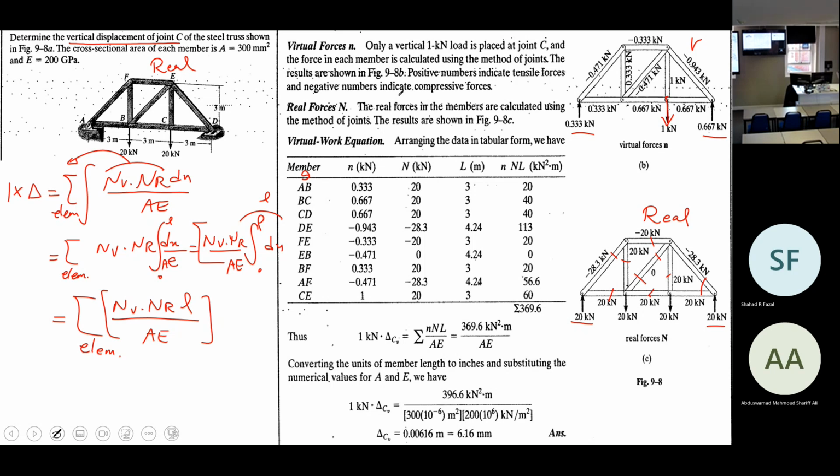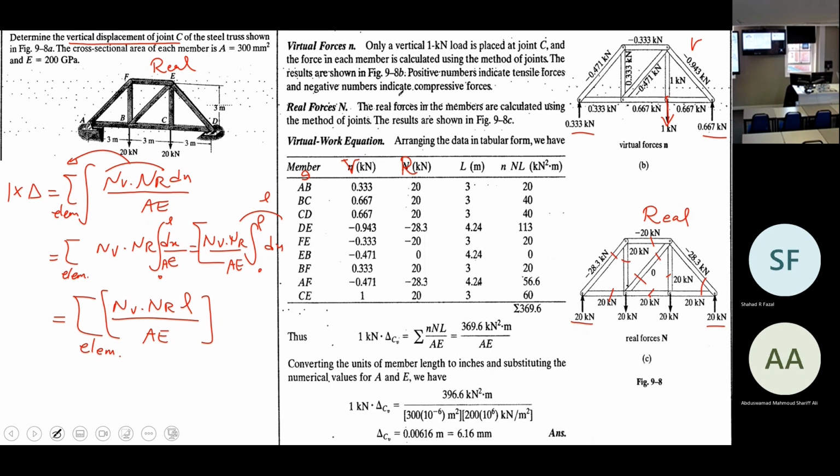So for each element, this is the virtual and this is the real. Each element has a force in the real structure and in the virtual structure, right?